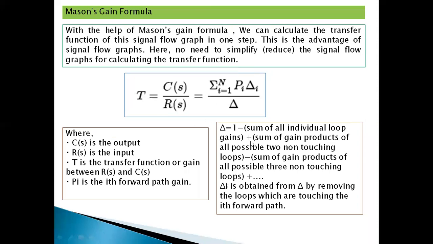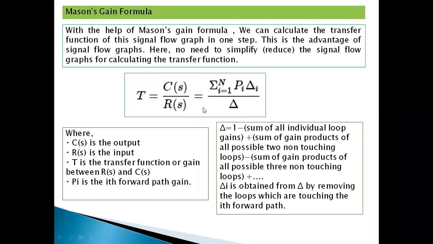Once we calculate the loop gains, we can directly get delta by substituting using this formula, and delta 1, delta 2. Once we get all these values, directly we can get the transfer function. Hardly it may take 5 to 10 minutes to get the overall transfer function.